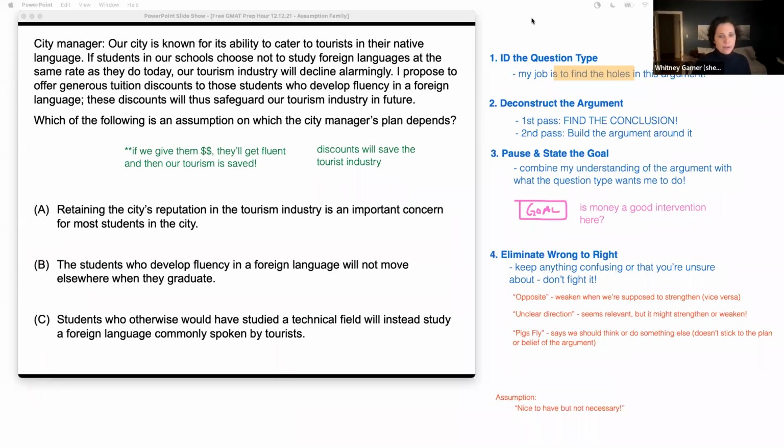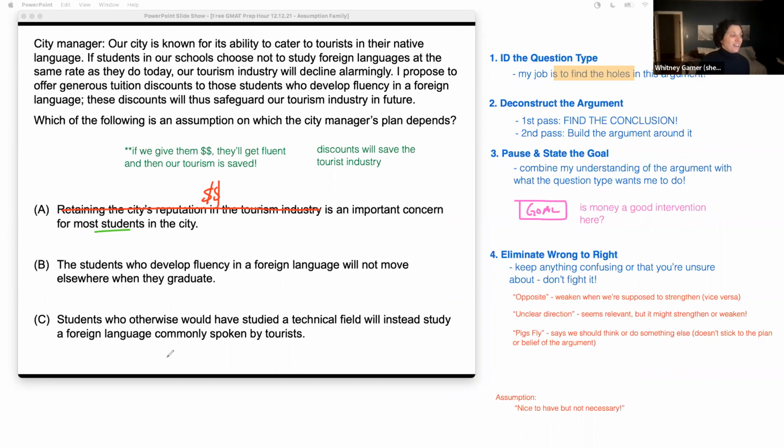Very nice. So do I need retaining the city's reputation to be important for students? No, what I need is I need money to be an important concern for most students. If the city's reputation had been important, great, that would be nice to have, but it's not necessary.